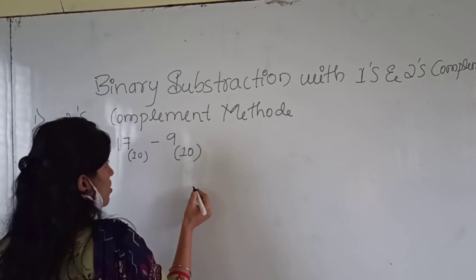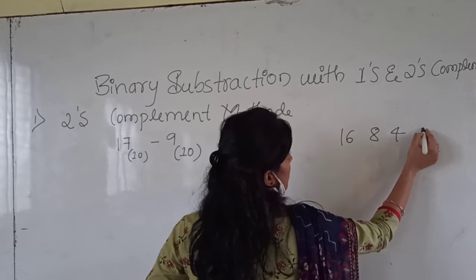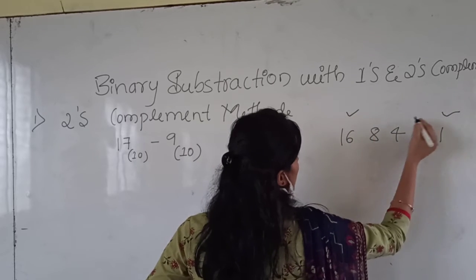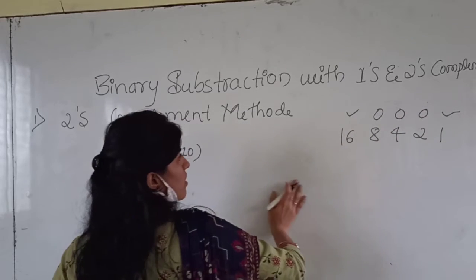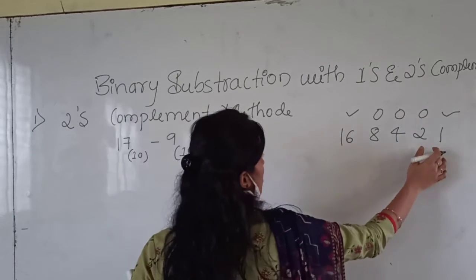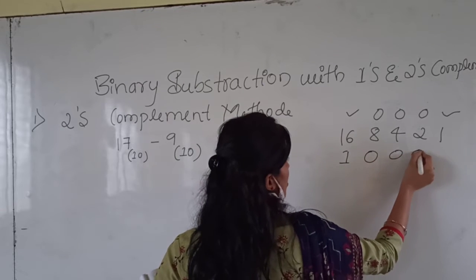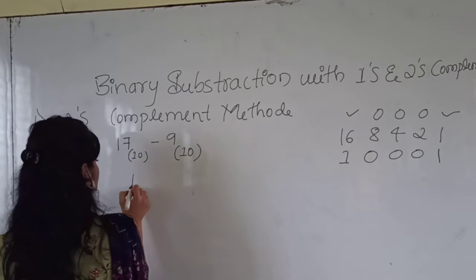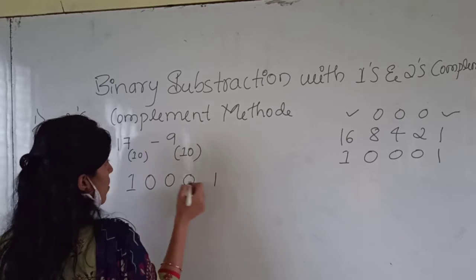Binary equivalent for 17: 16 plus 1, and the 8th, 4th and 2nd positions will be 0. It becomes 1, 0, 0, 0, 1.